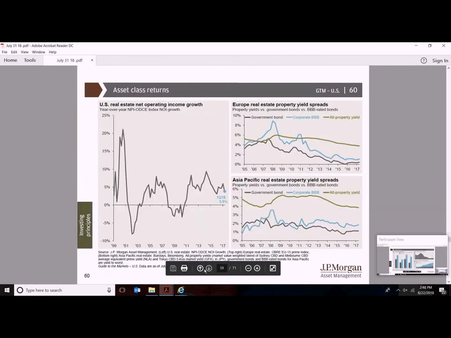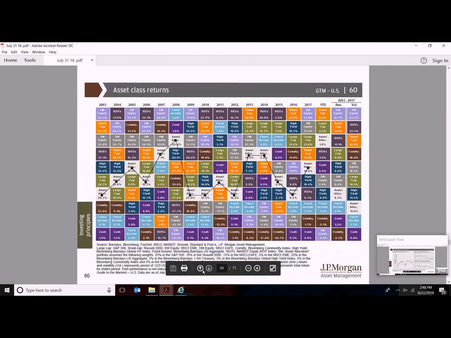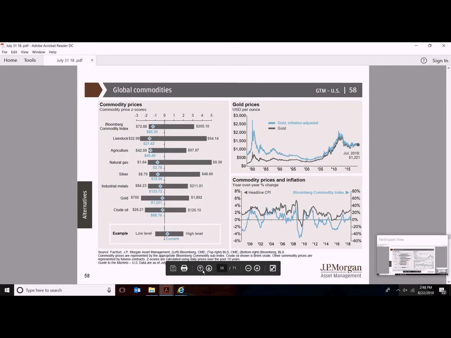Inflation is tied to commodities, and I'm going to pull up a slide to show different asset classes. So here's my commodity slide. So global commodities, the valuations are scored on what's called a Z-score, and a Z-score is centered around 0.